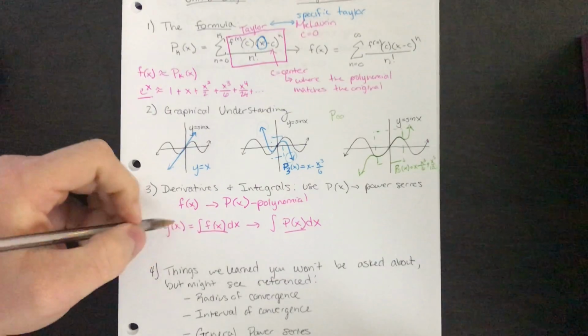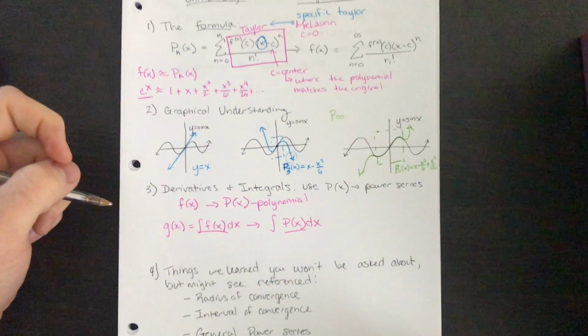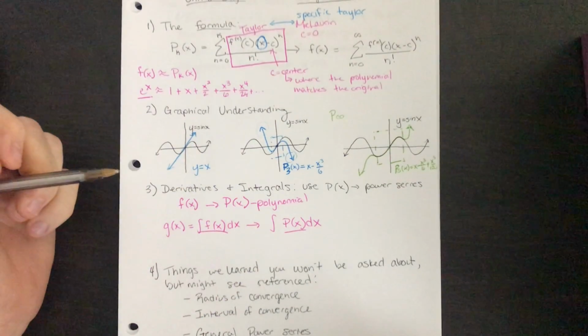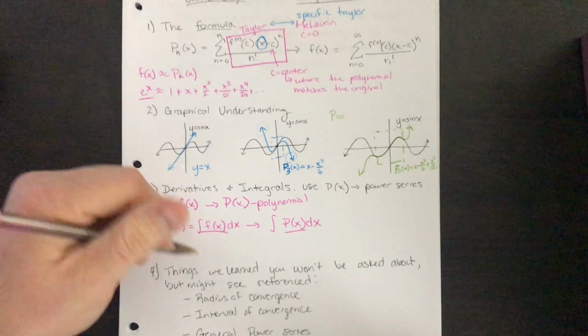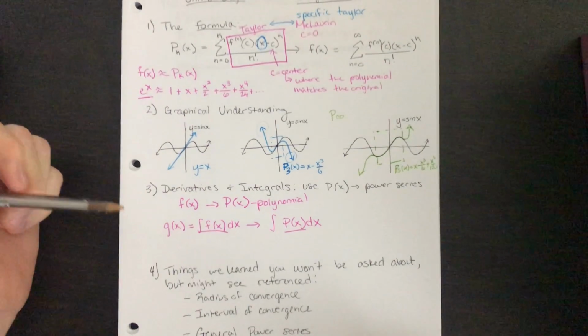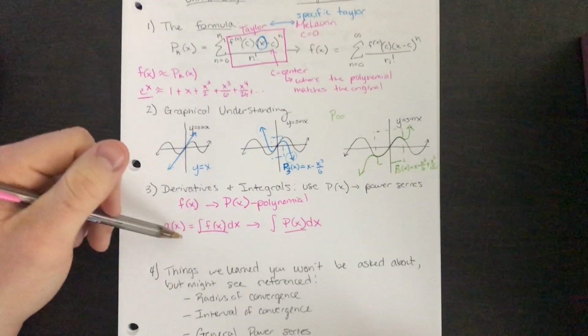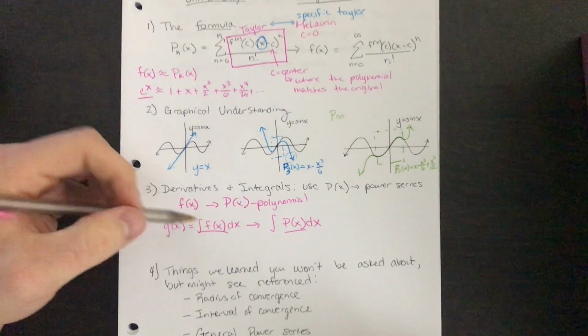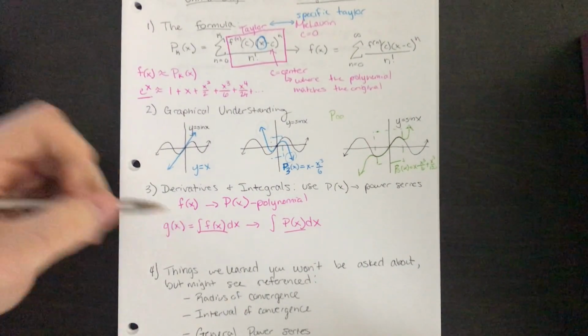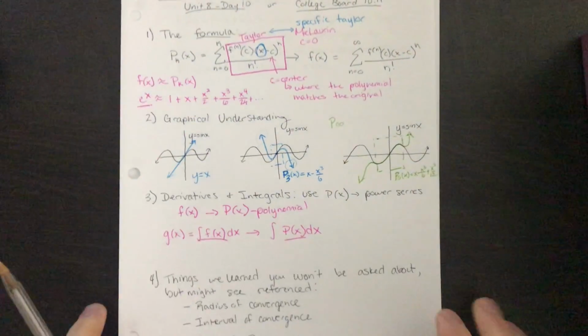So if they've given us a relationship that involves an integral or derivative for Taylor polynomials, we can just go ahead and use the polynomial itself. So you got to know the first and second fundamental theorems of calculus in order to be able to actually apply this accordingly. So making the connection that f would be the integral there to g of x, and then just integrating that polynomial would be the important thing to know there.